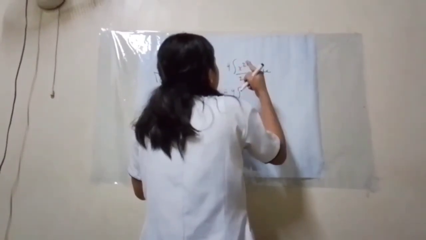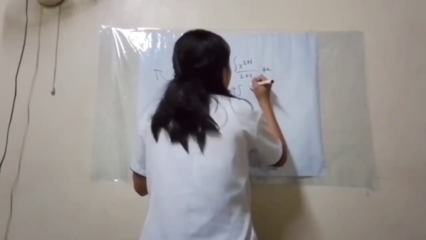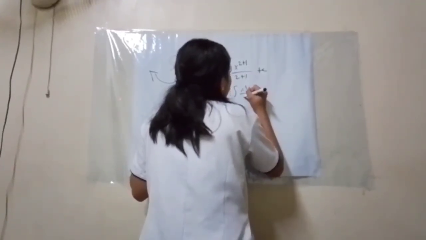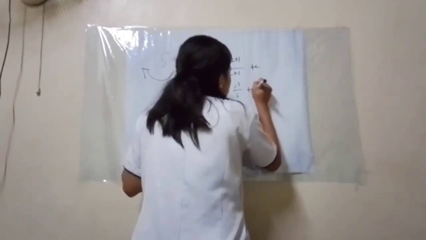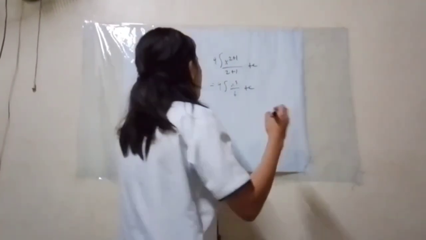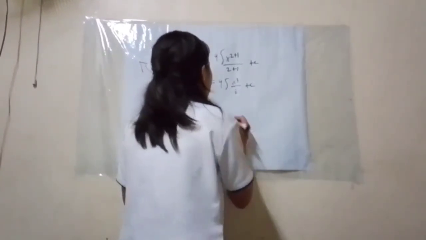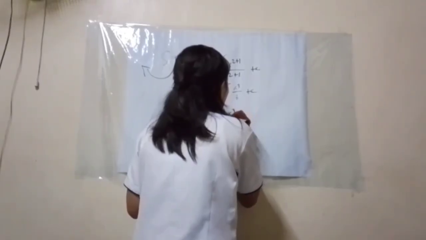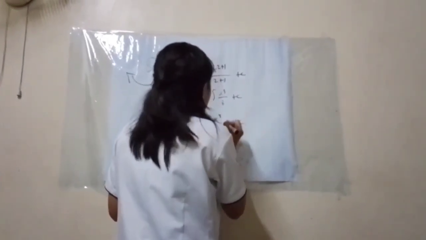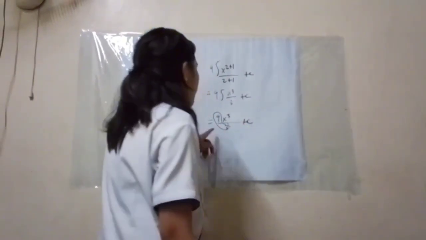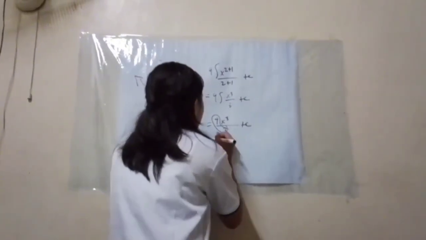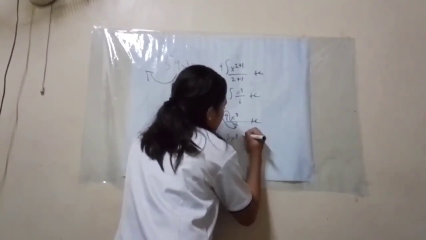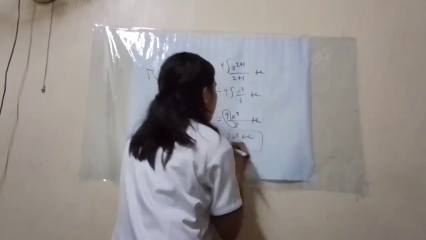Then x squared plus 1 will be x cubed, and 2 plus 1 will be 3, plus c. The next thing we're going to do is divide them. So 9x cubed over 3 plus c. 9 divided by 3 would be 3, so 3x cubed plus c. And this is the final answer.